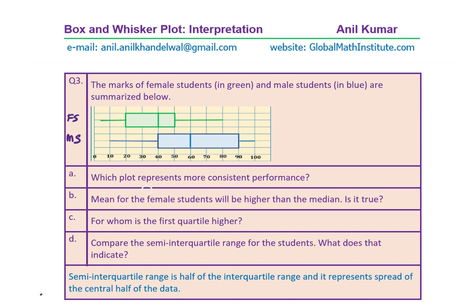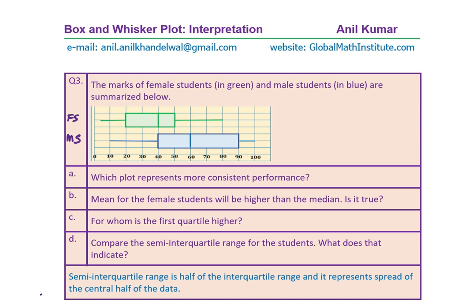A. Which plot represents more consistent performance? B. The mean for the female students will be higher than the median. Is it true? C. For whom is the first quartile higher? D. Compare the semi-interquartile range for the students. What does that indicate? I hope you got the answers.